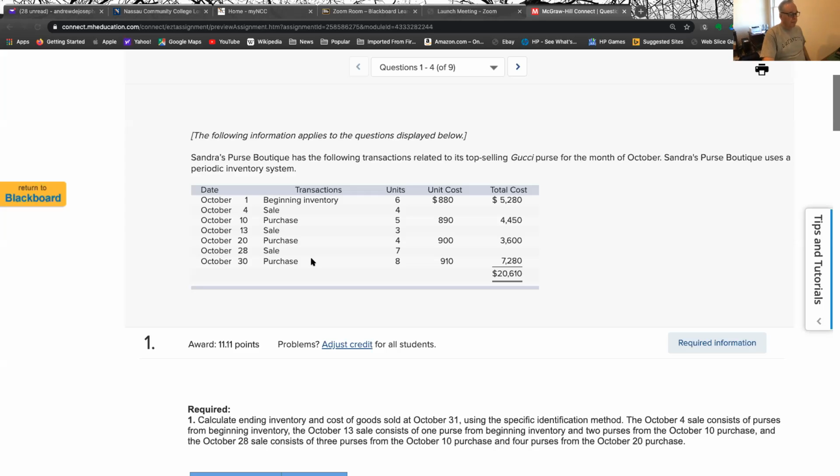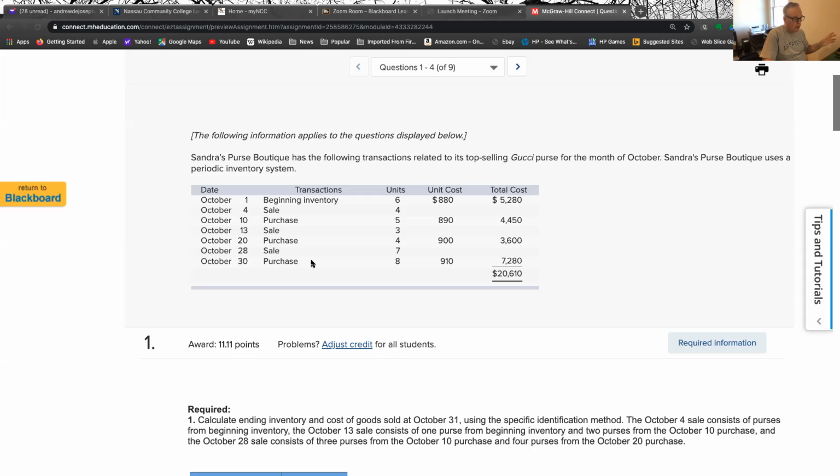But the unique problem that we have here, and we may have talked about it a little bit last time, is what's the dollar amount for inventory and what's the dollar amount for cost of goods sold. And we'll see that there are 4 different methods for calculating that. Some companies use the first method, some use the second method, and some use the third method.